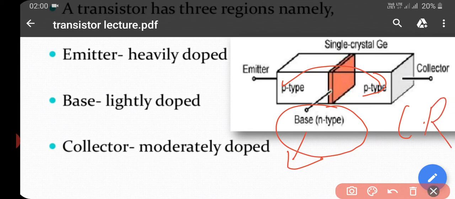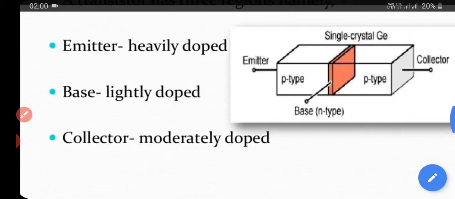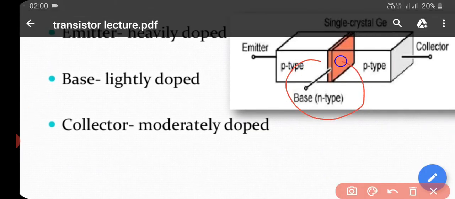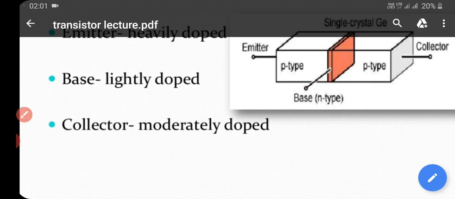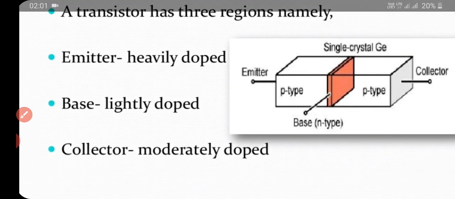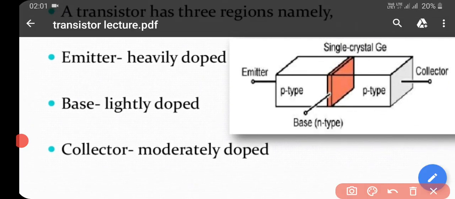If base is large in size and heavily doped, all charge carriers recombine at the base region and do not go toward the collector region. Collector is moderately doped but its size is large because it can dissipate heat.